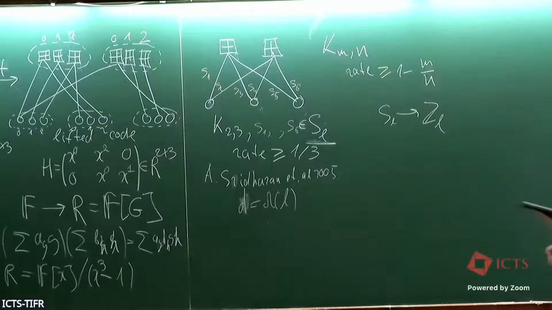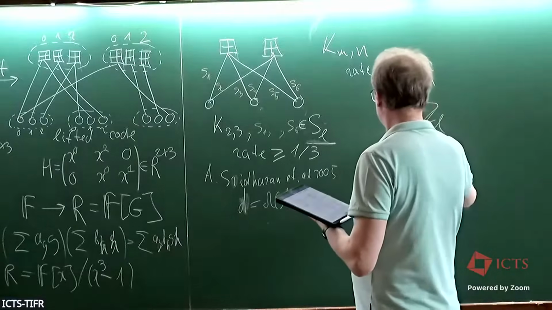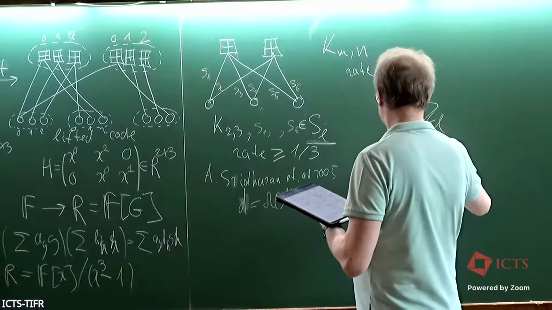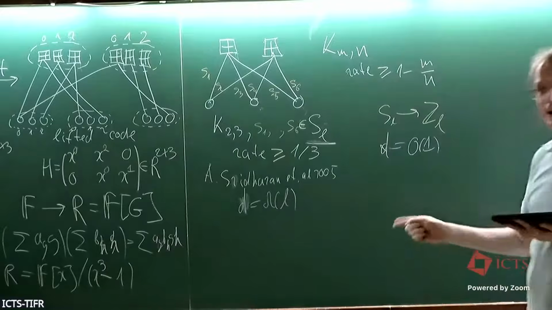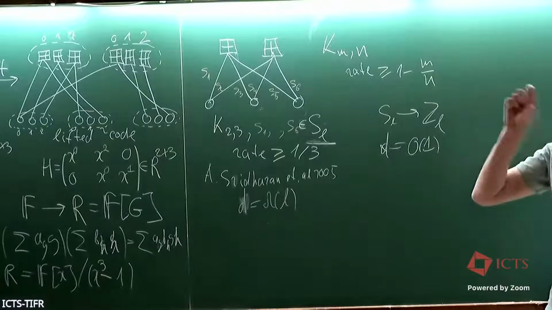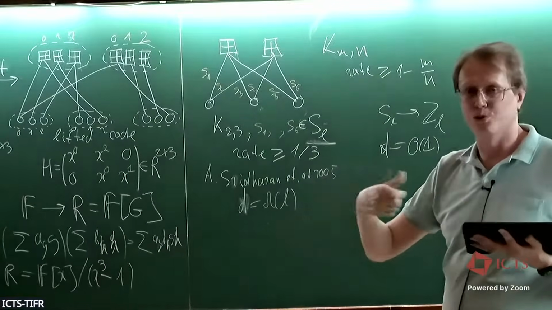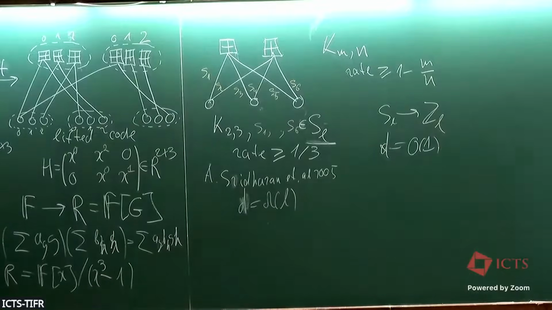And so quite surprisingly, the distance that we get here is just constant. And in fact, if you replace this SL by any abelian group, you still get constant. So it doesn't grow. So we have a very sharp transition when we go from abelian group to this non-abelian group.